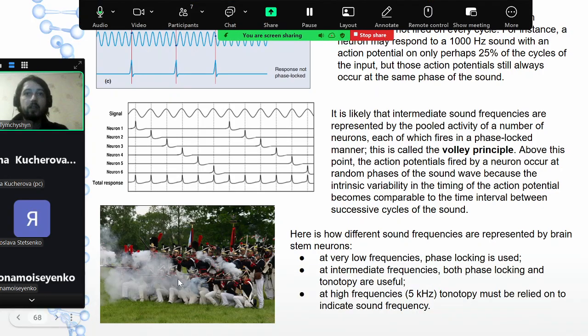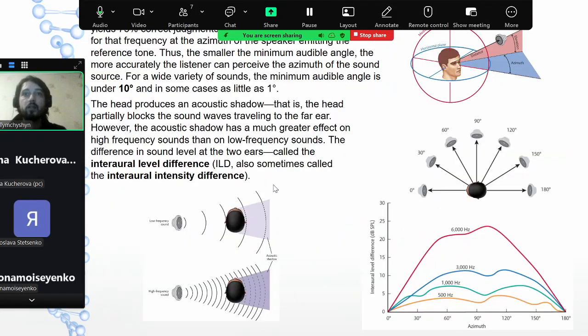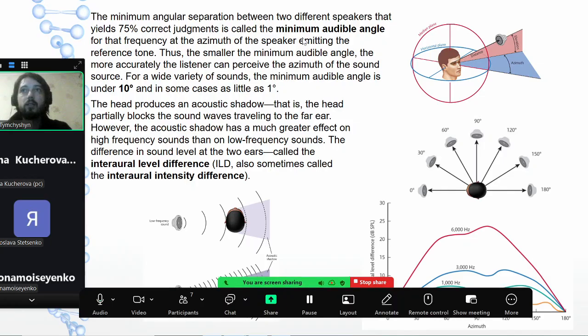Here you see soldiers firing one after another, and you get a volley of shots. And here you have the same thing with neurons firing one after another. One more thing, I guess we had no time: the localization of sound.